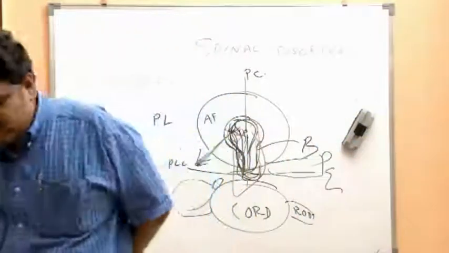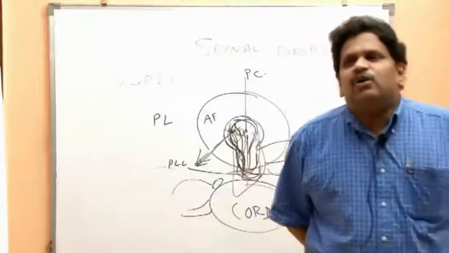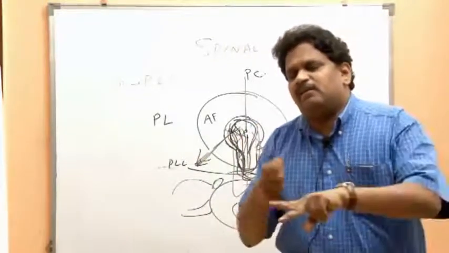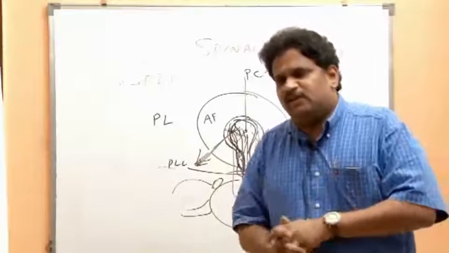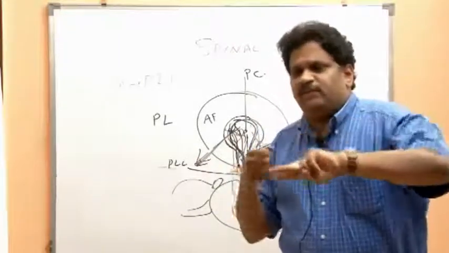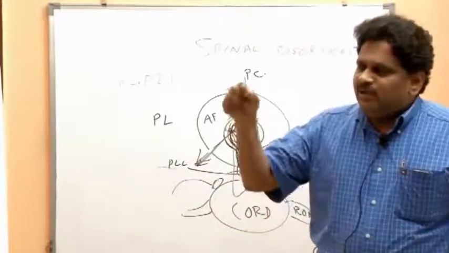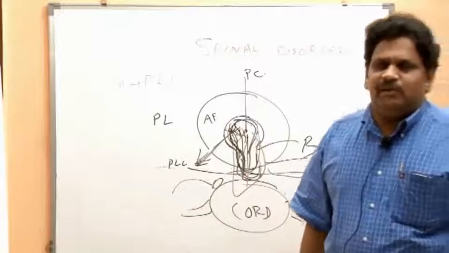Then we realized with good instrumentation and imaging that we can go in between the laminae and remove the disc without disturbing the lamina, and that was called fenestration discectomy, where a little bit of the upper lamina and a little bit of the lower lamina was removed.